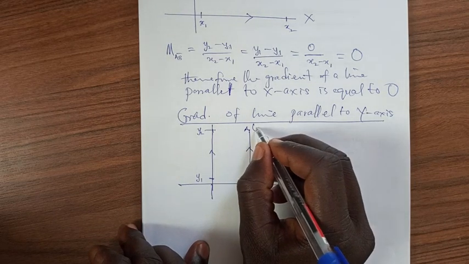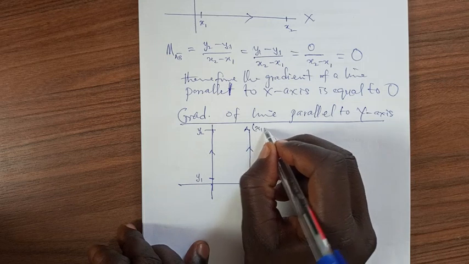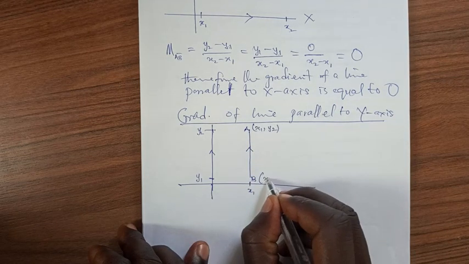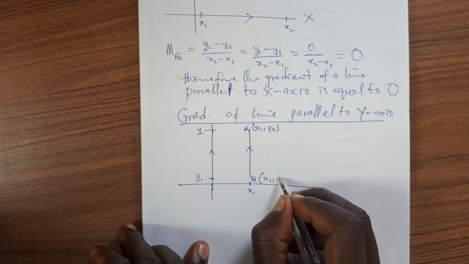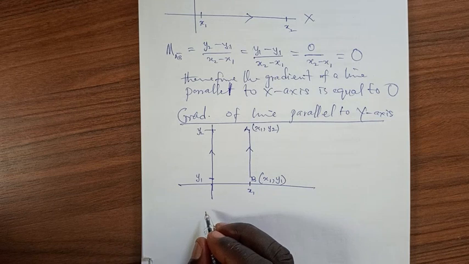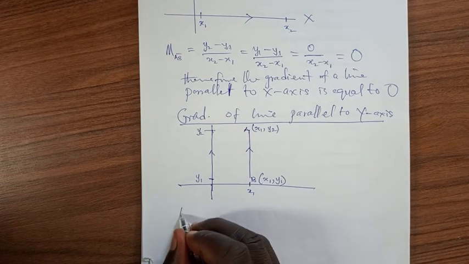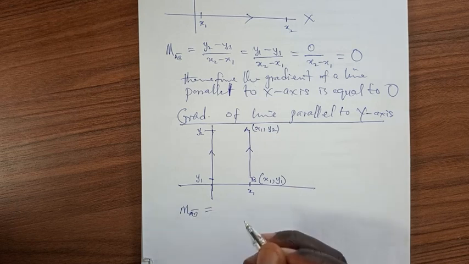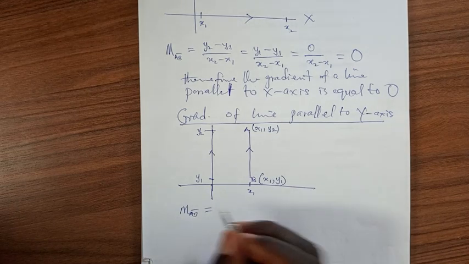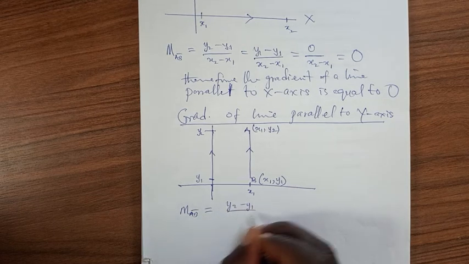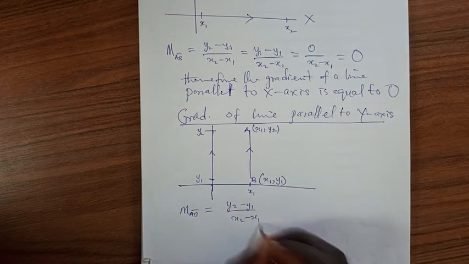Therefore, this point is x1, y2. And this point is x1, y1. Therefore, the gradient of the line AB, the slope of the line AB, is now equal to y2 minus y1 over x2 minus x1.